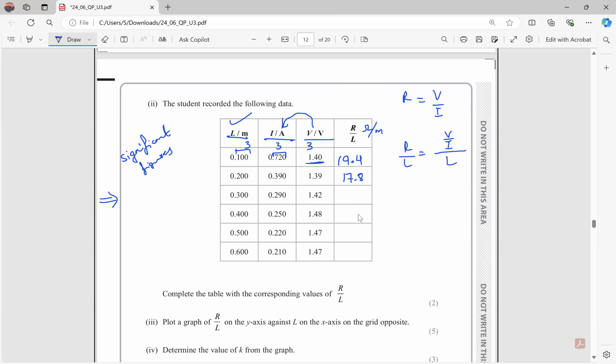Then 1.42 divided by 0.29 divided by 0.3. 16.32, 3 significant figures, so 16.3. 1.48 divided by 0.250 divided by 0.4. 14.8 is the answer, and again, there are 3 significant figures in each one of these. 1.47 divided by 0.220 divided by 0.5. I'm getting 13.36, right? So I'll round off the last number, so it would be 13.4.